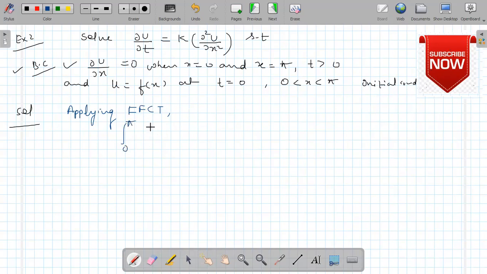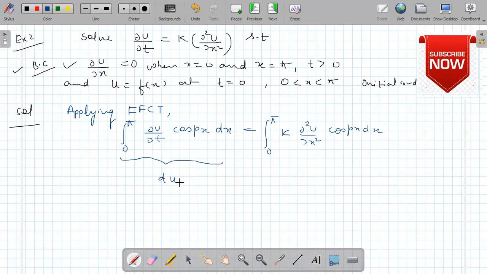So limit is from 0 to pi del u by del t cos px, because L is pi, dx equals 0 to pi k del 2u over del x square cos px dx. So we write this as d uc bar over dt, and here we apply integration by parts rule.